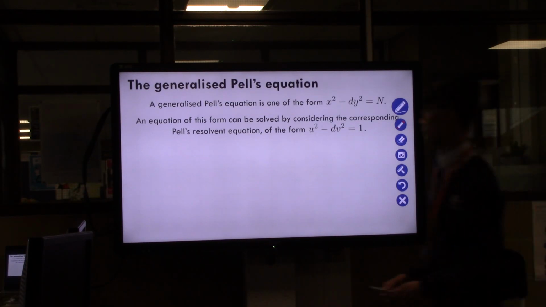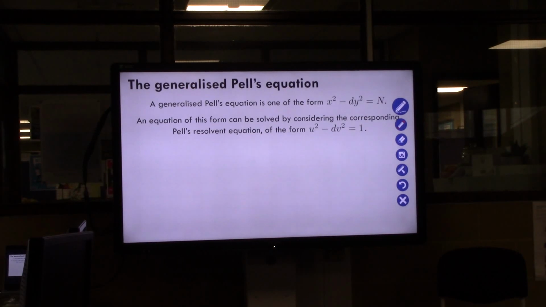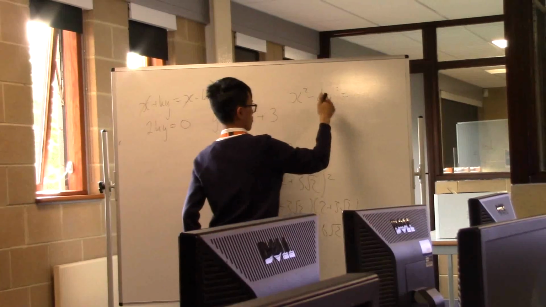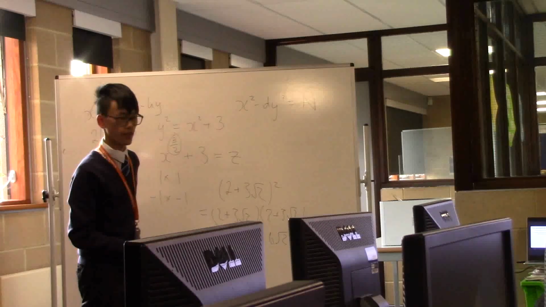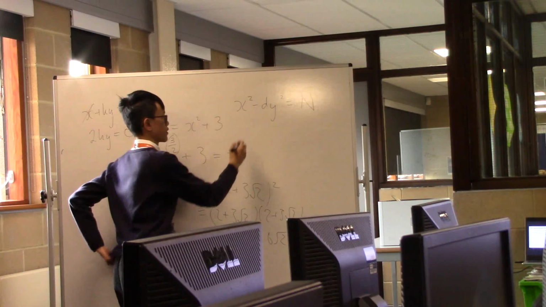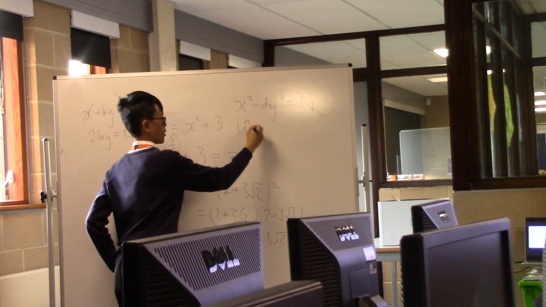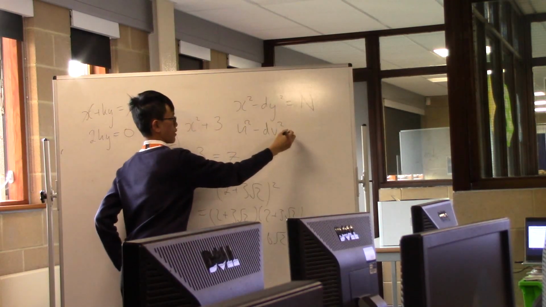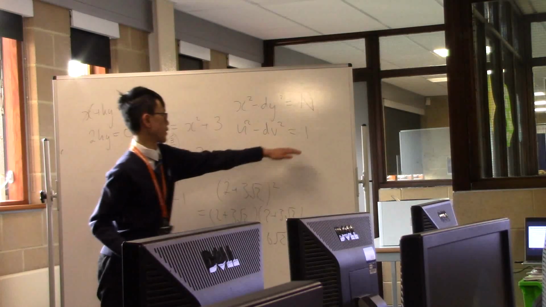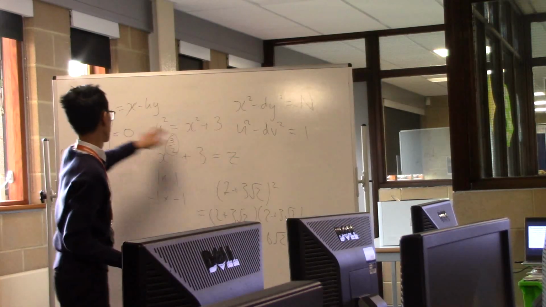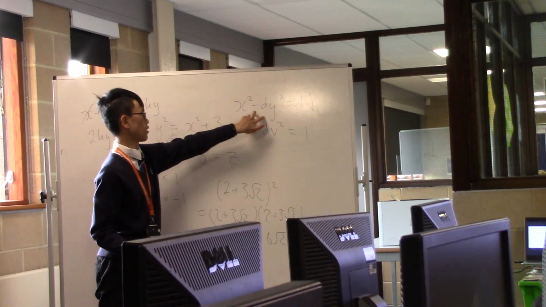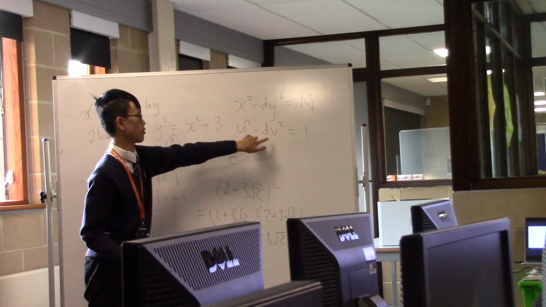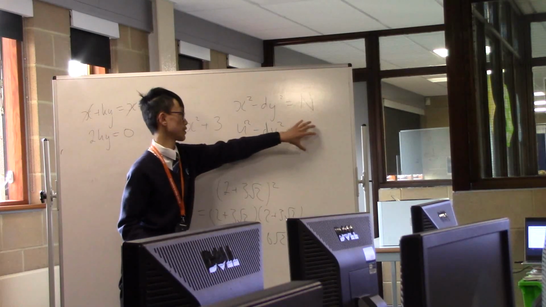For an equation x squared minus dy squared equals n, we can define a Pell's resolvent equation to be u squared minus dv squared equals 1. This is more like our previous Pell's equation, but with u and v instead of x and y, and it's equal to 1 instead of n.